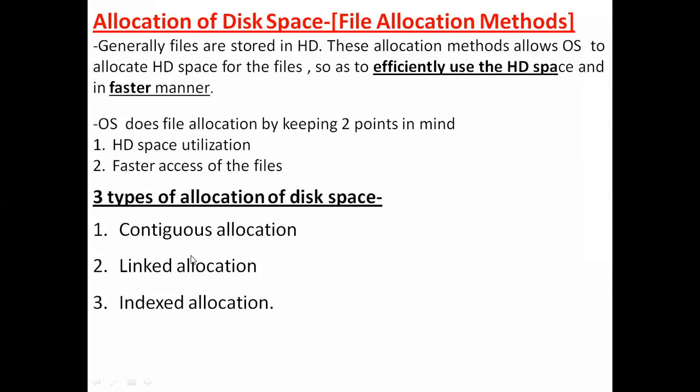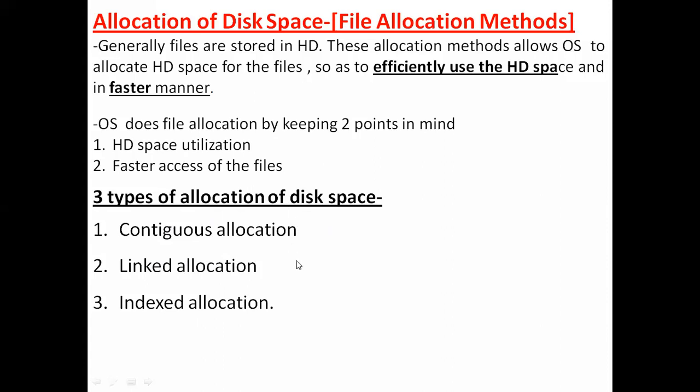For your syllabus, you have basically three types of allocation of disk space: contiguous allocation, linked allocation, and indexed allocation. As I told you, we have diagrams for each type of allocation of disk space.